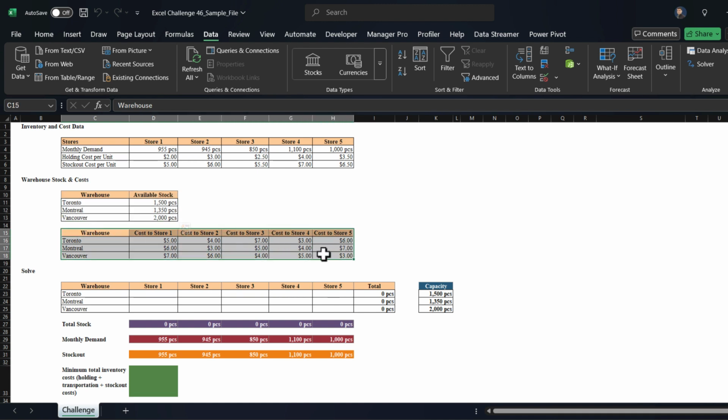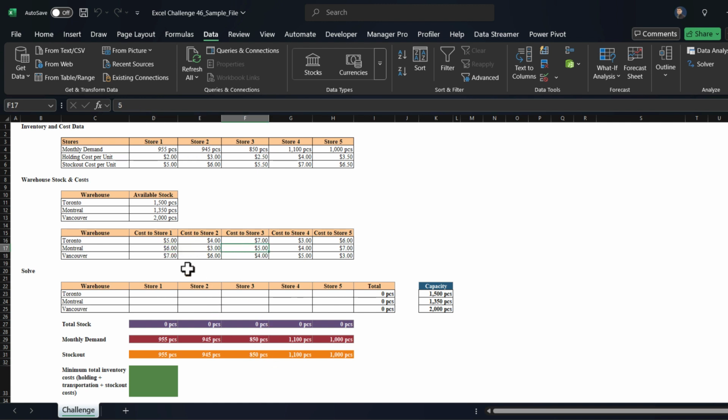The inventory and cost data set includes monthly demand, holding cost per unit, and stockout cost per unit for each store. The warehouse stock and cost data set provides available stock from warehouses in Toronto, Montreal, and Vancouver. And it includes shipment cost per unit from each warehouse to each store.